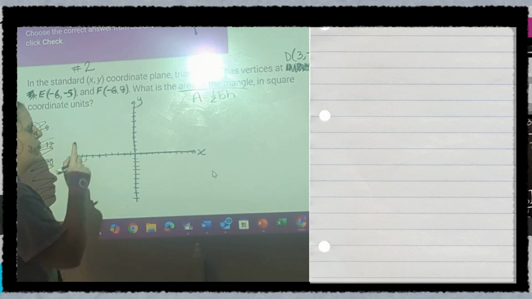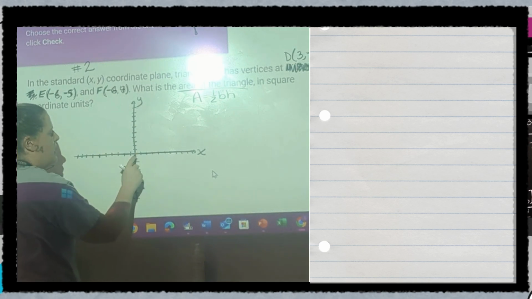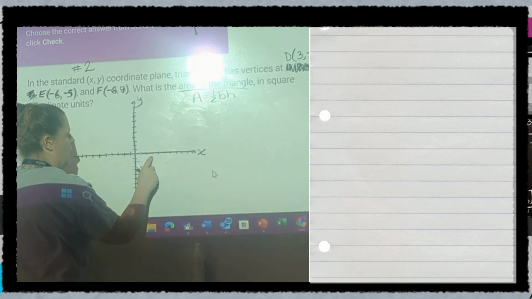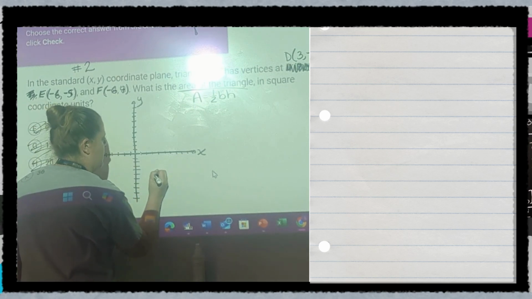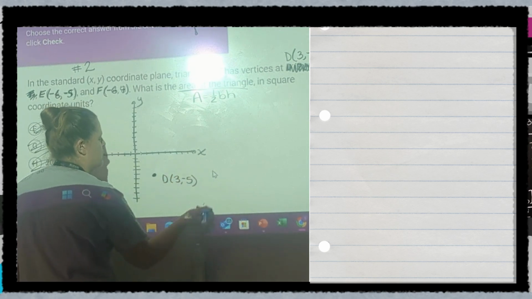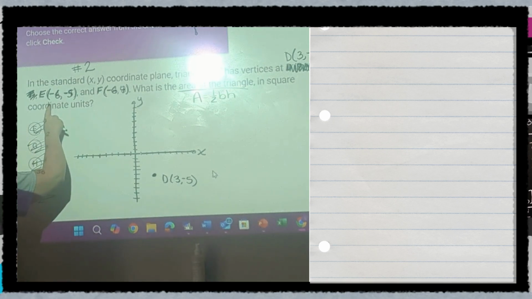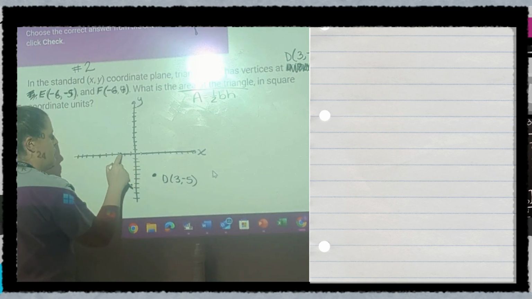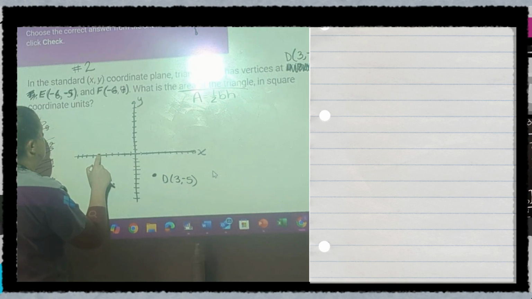First, (3, -5). It's written up there. So we go in the X direction, 1, 2, 3, and we go down, 1, 2, 3, 4, 5. We are going to be right about here. I'm going to go ahead and rewrite the coordinate, just so I don't get confused. E is (-6, -5), so -6 in the X direction, 1, 2, 3, 4, 5, 6.